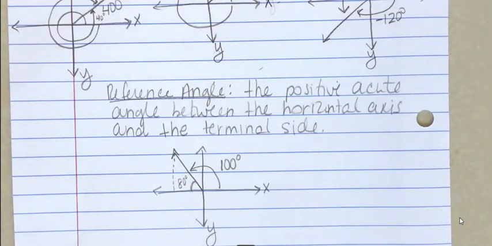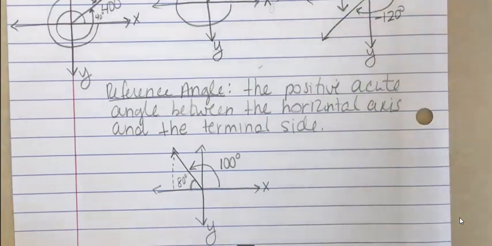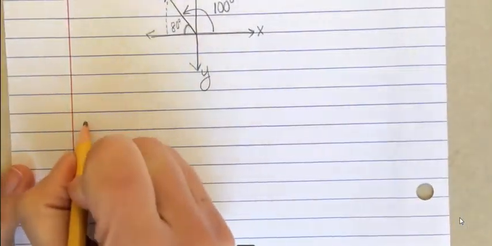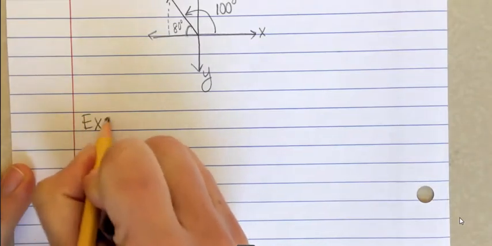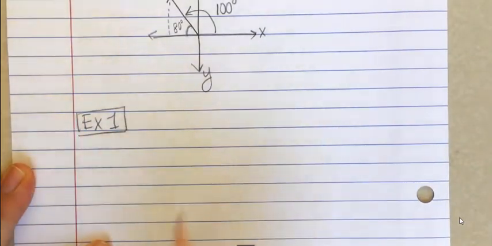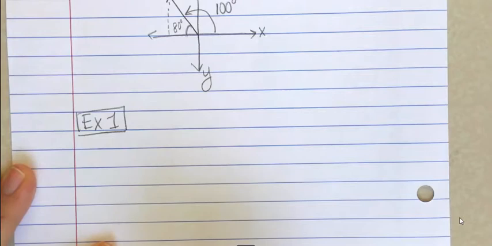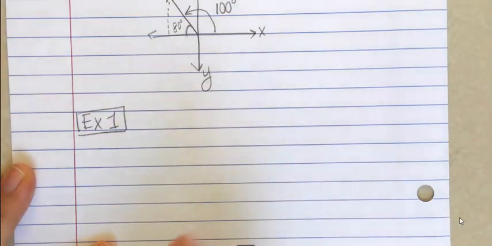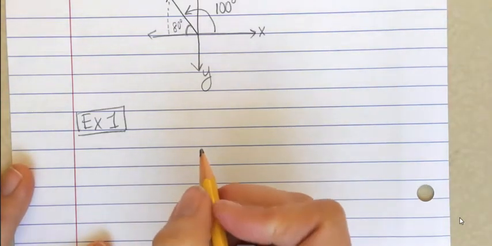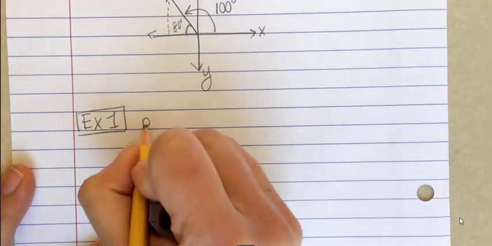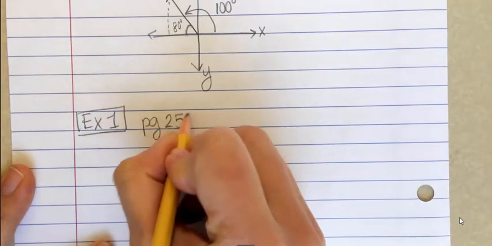So let's do a couple of examples here. All right, so example 1. We're going to sketch some angles and calculate the measure of each reference angle, okay? If you want to look at the directions, they're on page 251.